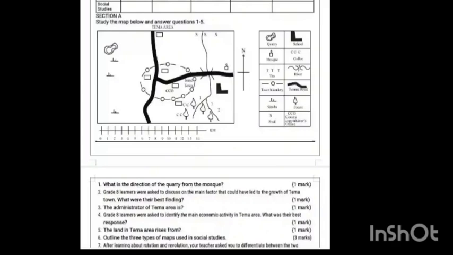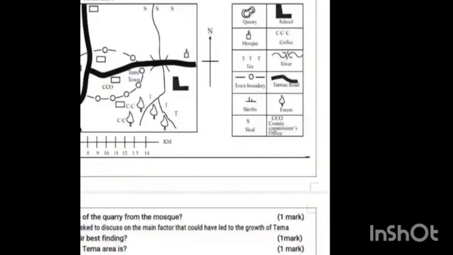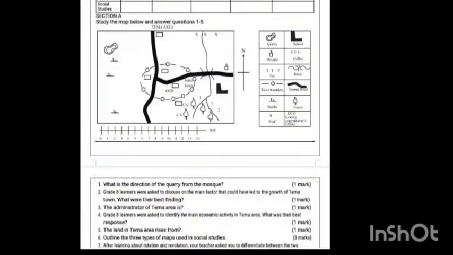Number 2. Grade 8 learners were asked to discuss the main factors that could have led to the growth of TEMA town. What were the best findings? So TEMA town, which is enclosed by the town boundary, could have grown as a result of what?